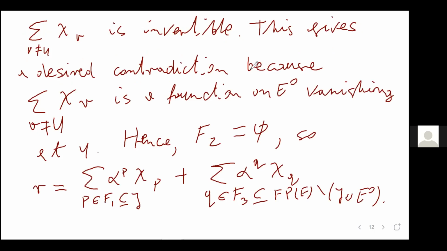But remember that SA is the same as the end of B. So what happens here is that everything that remains will be loops.